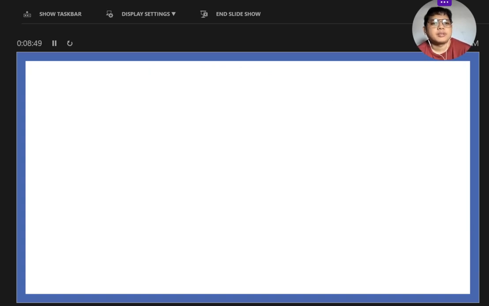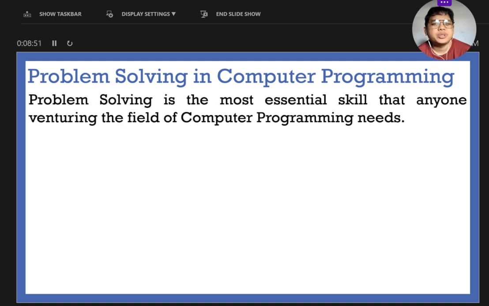Now, in computer programming, problem solving is the most essential skill that anyone venturing the field of computer programming needs. So, meaning to say, if you want to become a computer programmer, you need to possess this fundamental skill. Why? Because it basically will help you define whether a specific challenge is worth solving given a finite time.